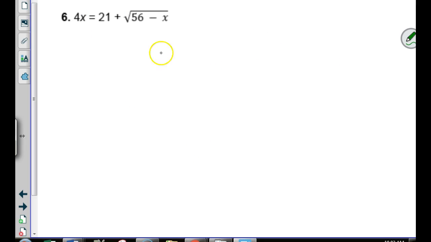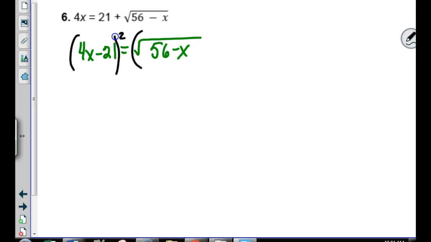All right, number 6. Now they're getting a little more complicated. How do we isolate the radical? So 4x minus 21 equals square root of 56 minus x. Now what? We have to square both sides. Okay, so this side is 4x minus 21 times 4x minus 21.